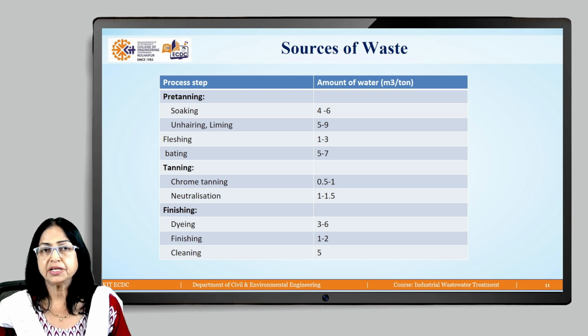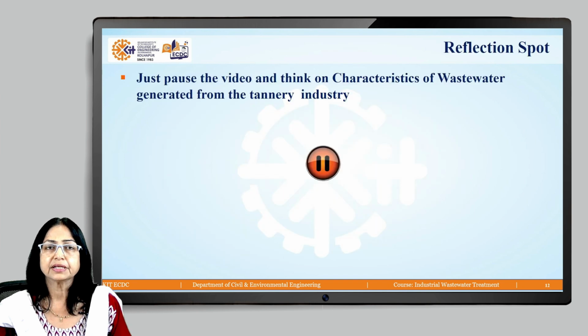For pre-tanning, soaking, unhairing, fleshing, bating, everywhere water is used, and some sources are continuous, whereas some are intermittent. Tanning is done in batches, so it is mostly an intermittent discharge of wastewater. Then finishing, also the amount of water per ton of skin processed, you can already see.